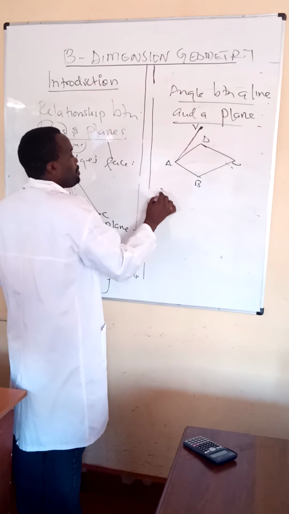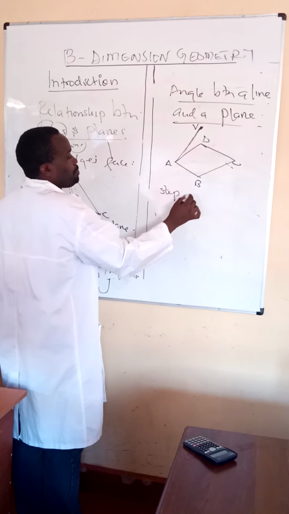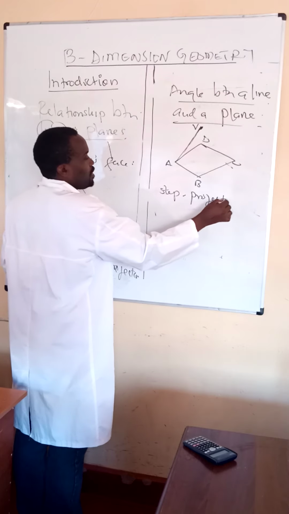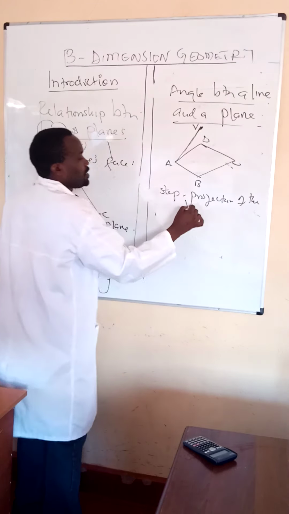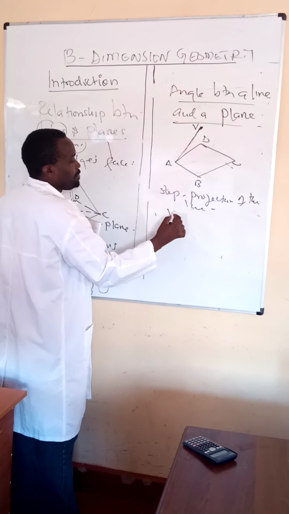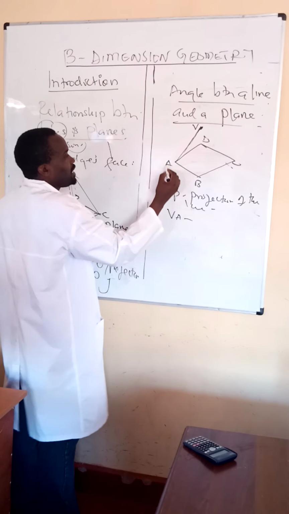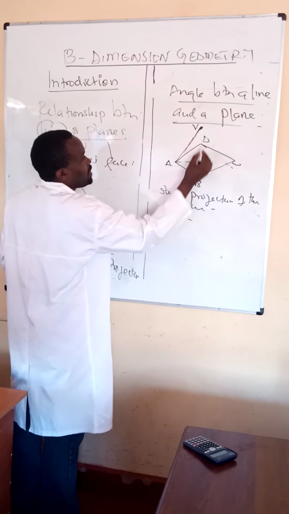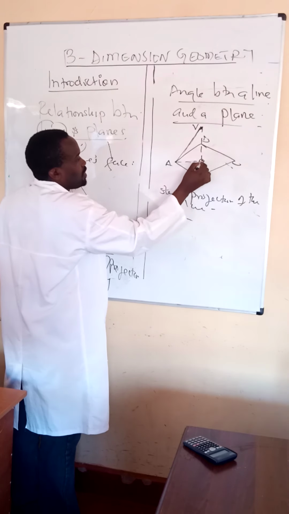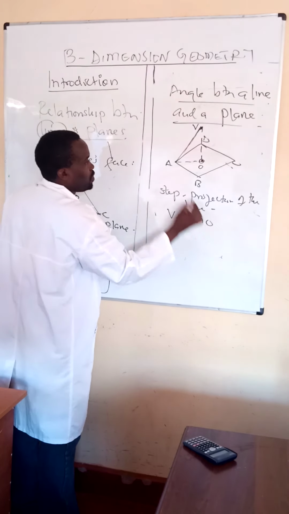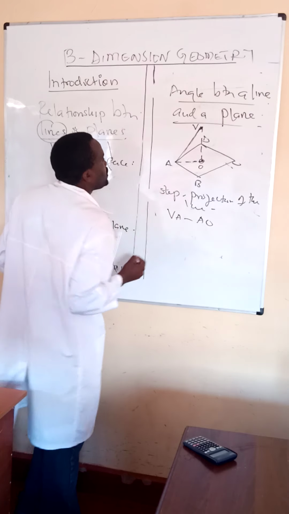So the first step is to find the projection of the line. The line is VA. The projection of VA is A to the center O, AO. So this is our projection.